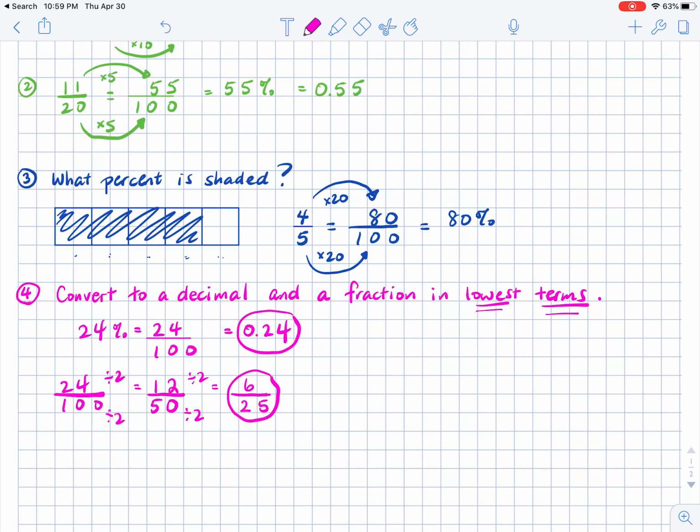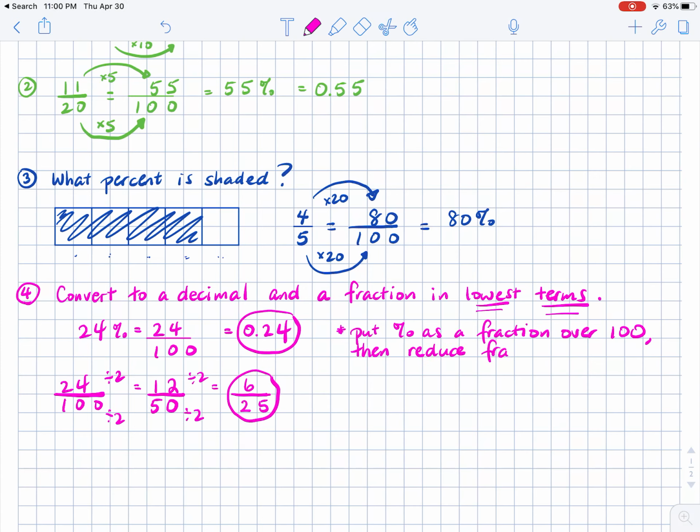We know the equivalent decimal is 24 hundredths. So what's the process when you're given a question like this? You put the percent as a fraction over 100, and then reduce to lowest terms.